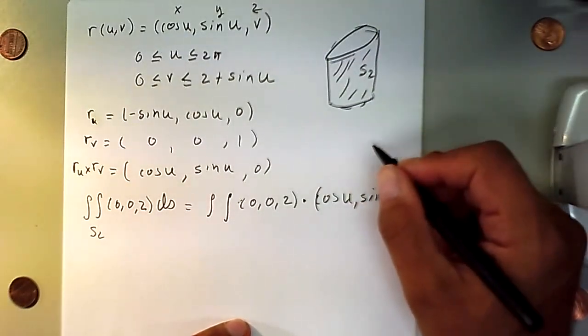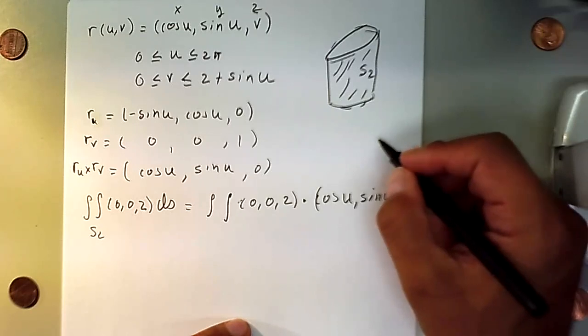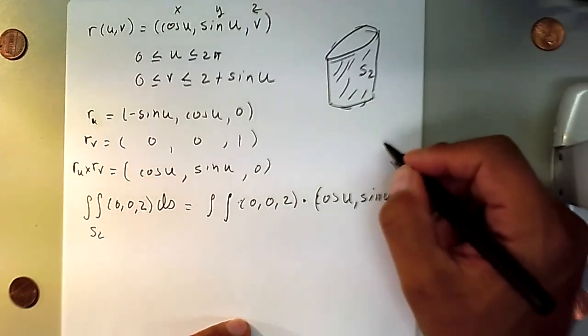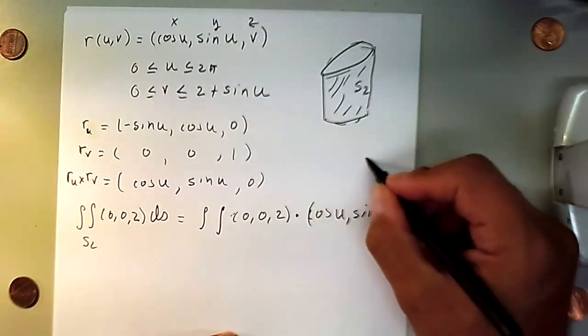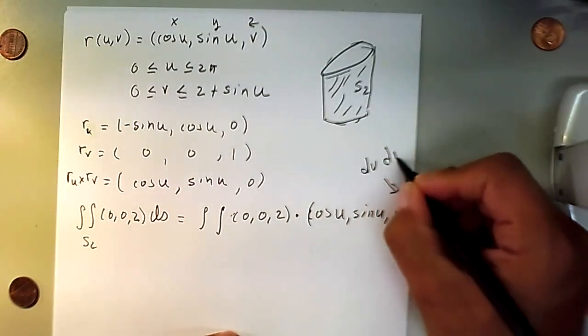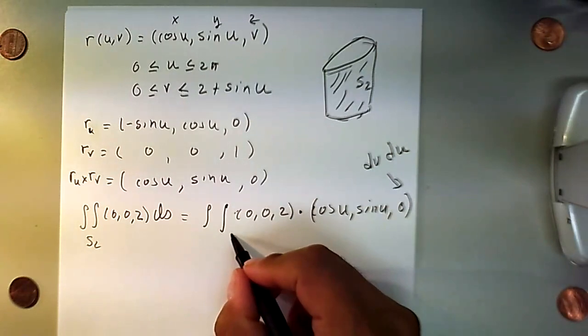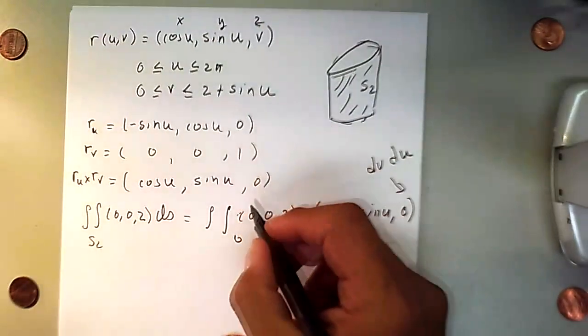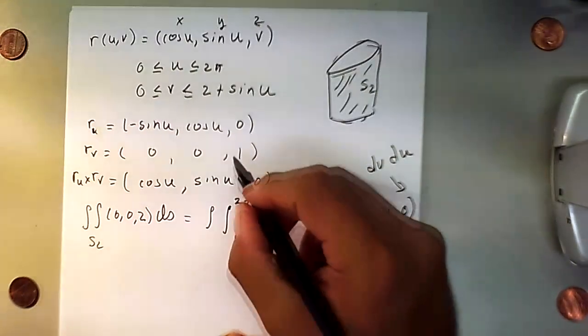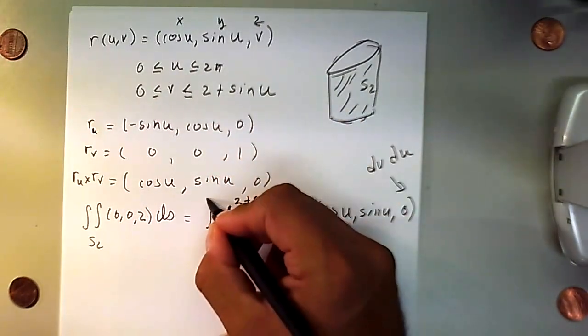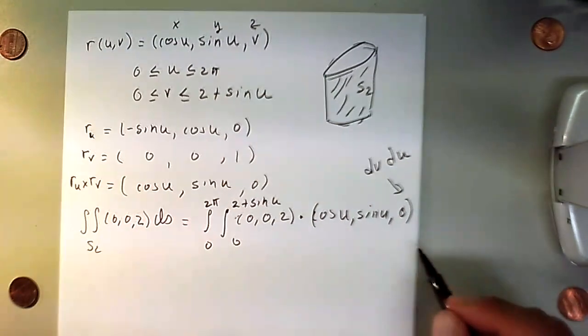We have to put it there. Well, v is limited, so dv should be first and then du. V goes from 0 to 2 plus sine of u, and then u is going from 0 to 2 pi. So that will do it.